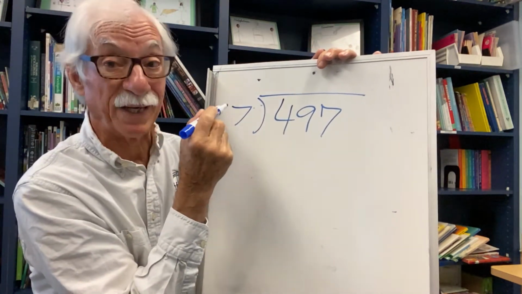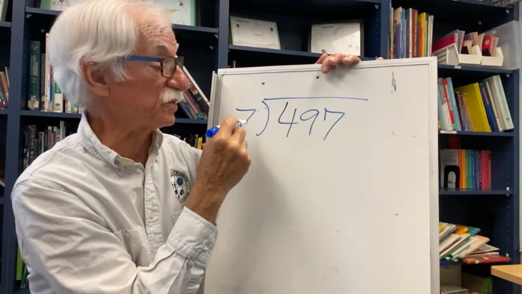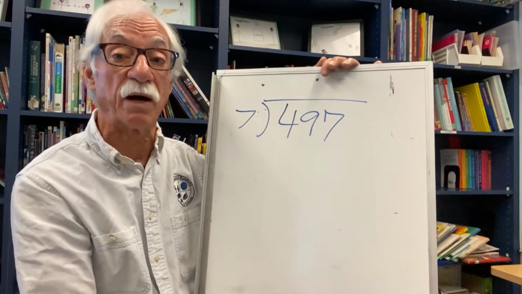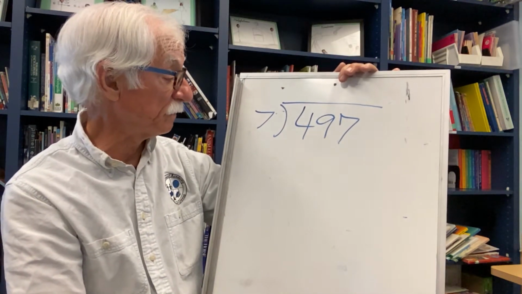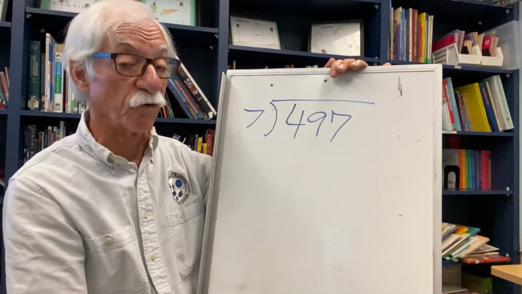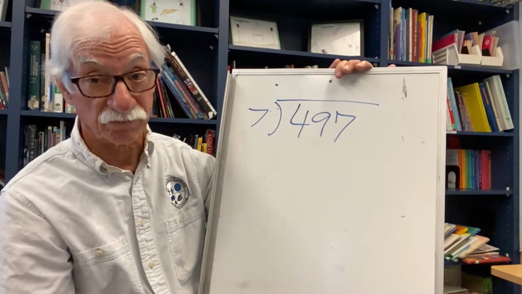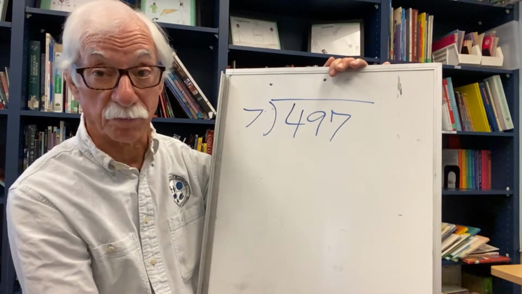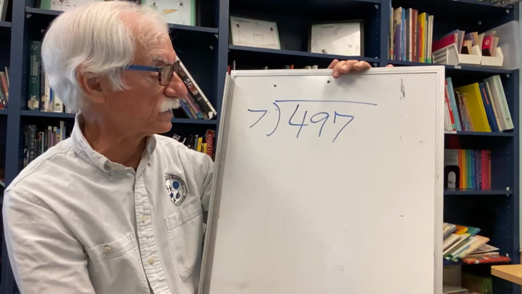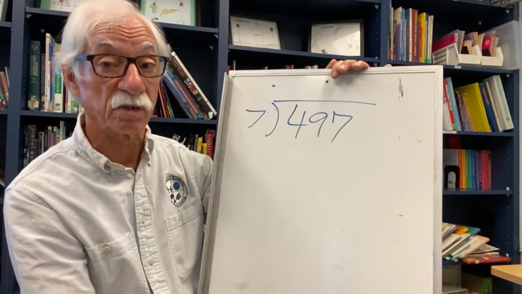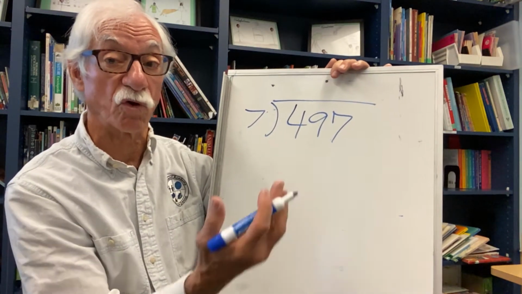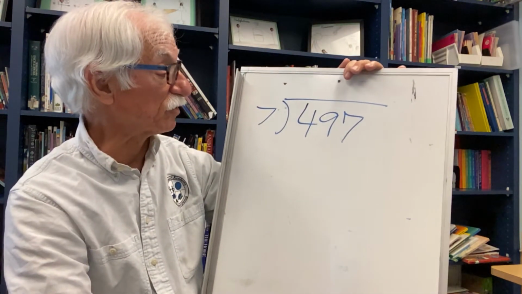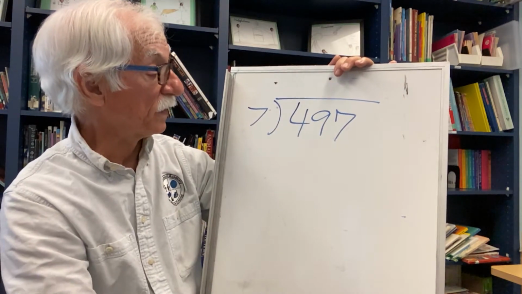So we need to know how many 7 teams there are in 497, so we'll know how many kids to put on each team. So how many groups of 7 are there in 400? Can't do that. You don't need to put a 0 up there in the quotient because that would be the 0 leading the number. Zeros are place value holders only when they come after a positive number.